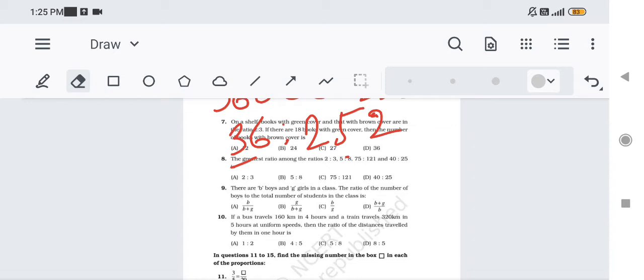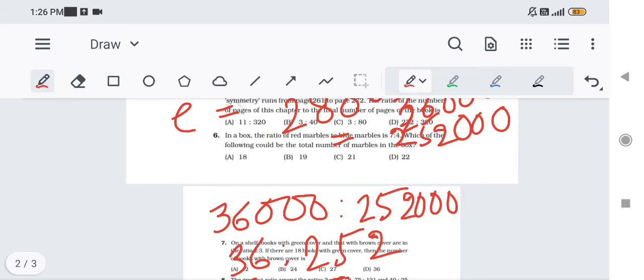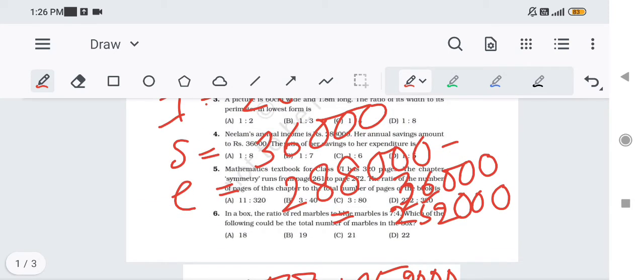After finding the HCF of these two terms, 36 and 252, we are getting the HCF as 36 only, so we can write it as 1:7. So here we are getting the answer 1:7, and that is option B.